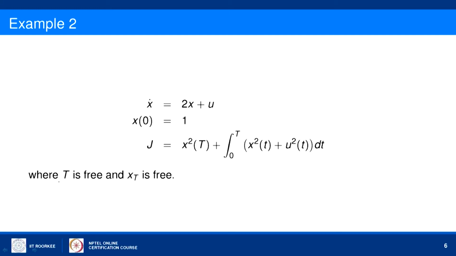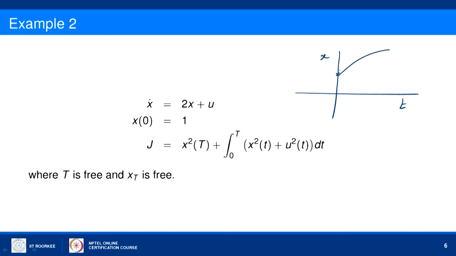And here we have this capital T, final time is free as well as the final position is also free. So, it is a one variable problem. So, t is the independent variable and x is the dependent variable. x of 0 equal to 1, at t equal to 0 it is 1, and capital T is not fixed, it can be anything, and final position is also anything.